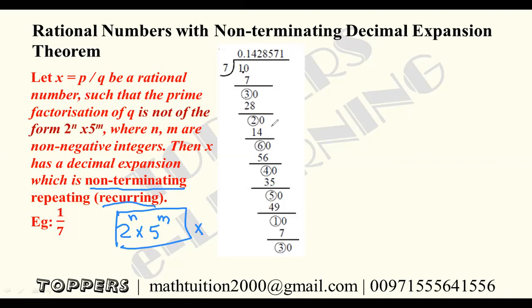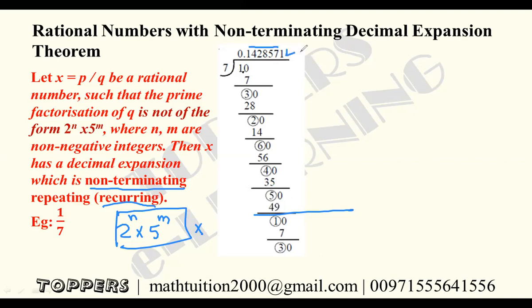We end up with 30 here, right? So this repetition will come again. From this part onwards, repetition will come again. Up to this point, we got 142857. Then again, we are getting 1. So we bring 0 down. In 10, 1 time, we get 30. See, here 30. So how many times in 30?